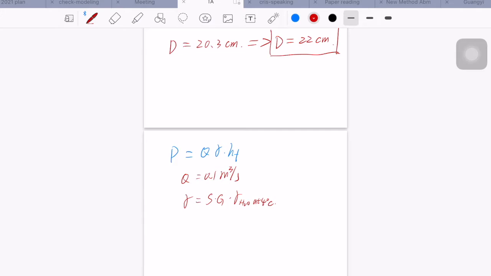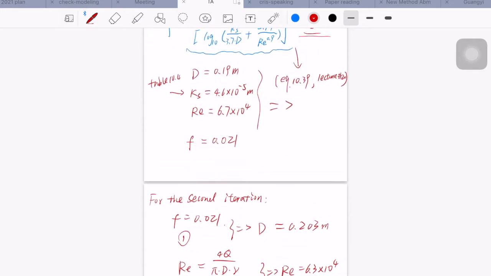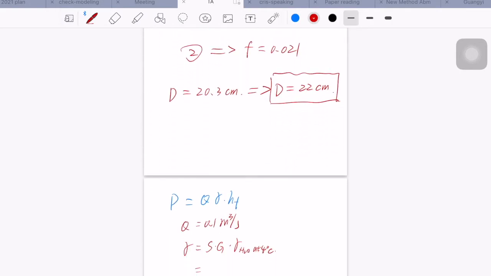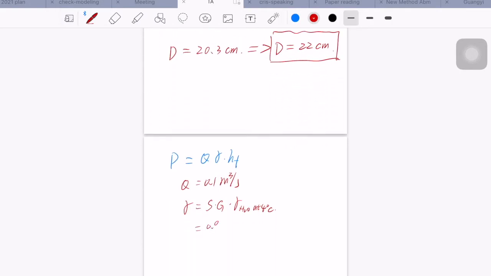From the problem, we know SG is 0.93, and the specific weight of water at 4 degrees Celsius is 9810 newtons per cubic meter. And we know HF is 15 meters.